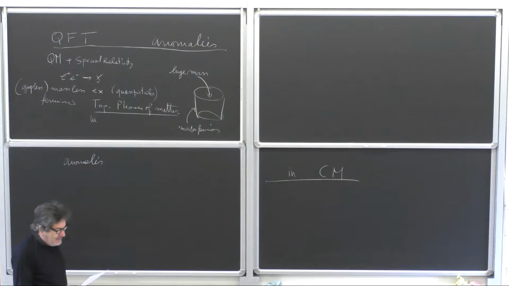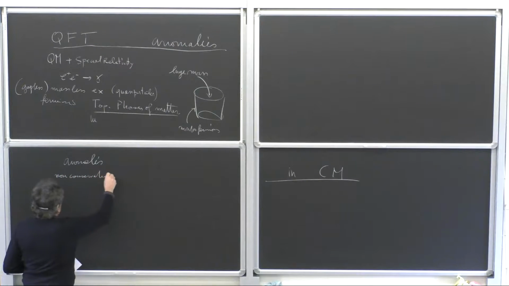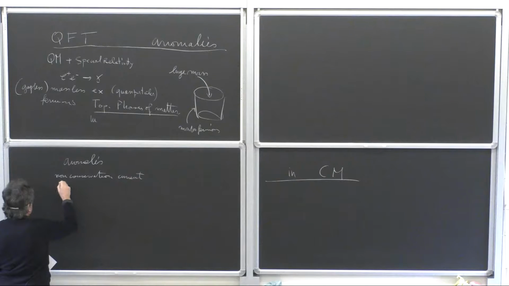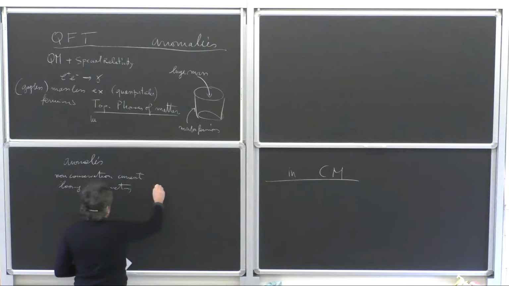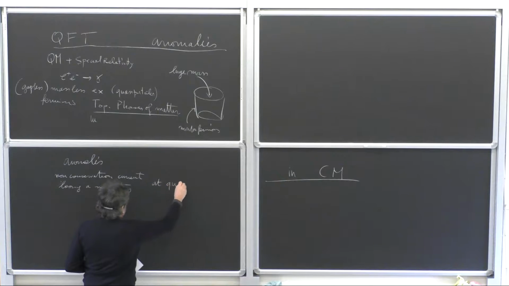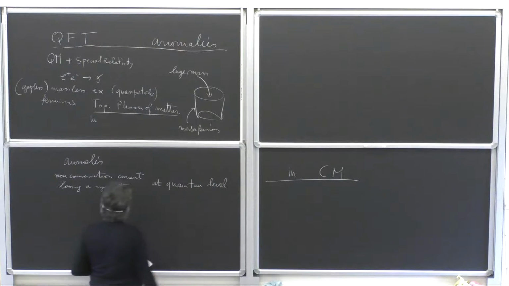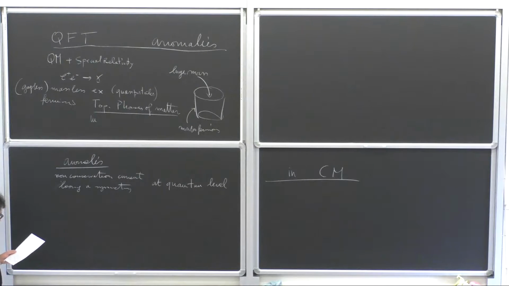Anomaly means non-conservation of a current, or losing a symmetry at the quantum level. Primarily it applies to massless fermions.